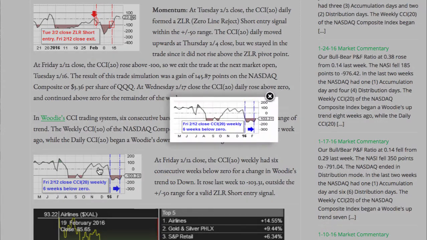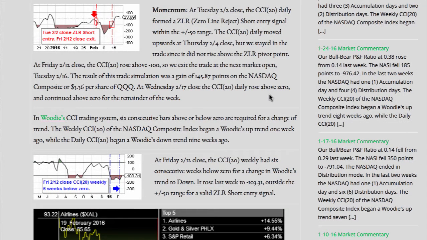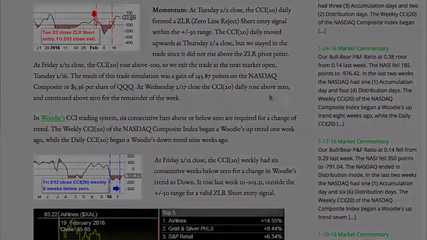At Friday, February 12th close, the CCI 20 weekly had 6 consecutive weeks below zero for a change in Woody's trend to down. It rose last week to minus 103.31, outside the plus or minus 50 range for a valid zero-line reject short entry signal.